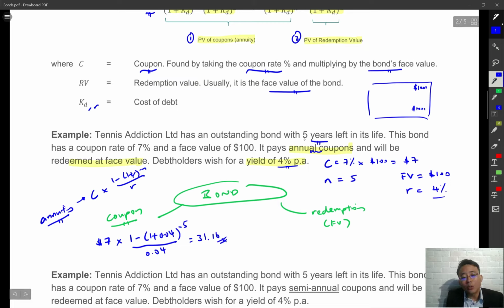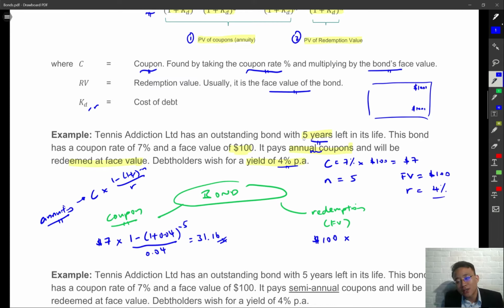Okay? Now we go to our redemption. What occurs? After 5 years, you can redeem the bond at $100 face value. So my $100, this I will get after 5 years. What is the present value of it? Here, we know how to discount something easily.